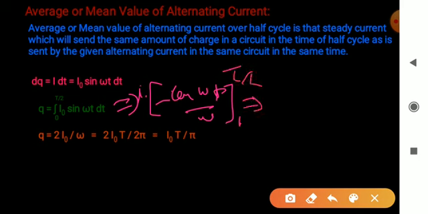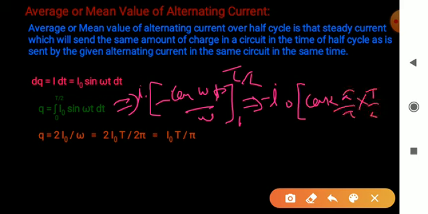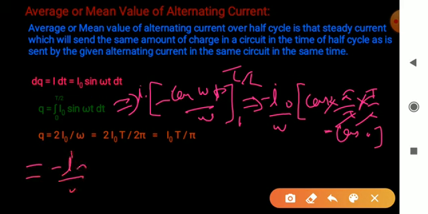So on integrating this, we have I naught, and this is cos of omega, where omega is 2 pi upon T and t is T by 2. Okay, and this is minus cos 0. From this we have cos pi minus cos 0, with I naught upon omega outside.